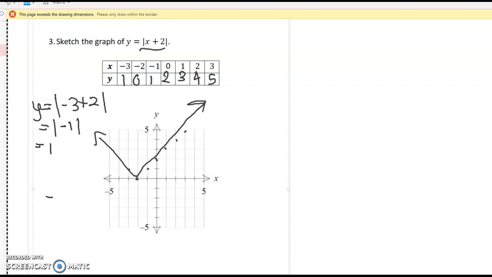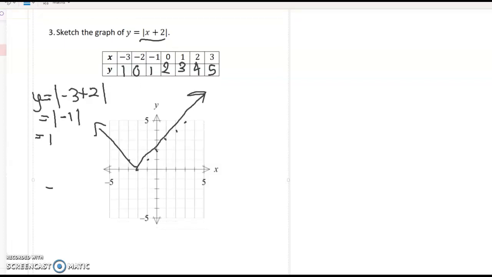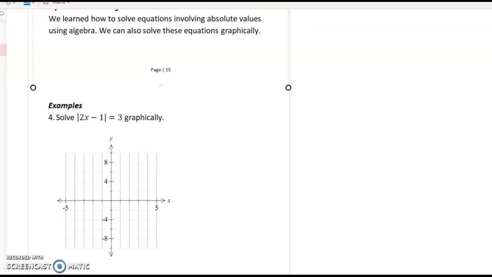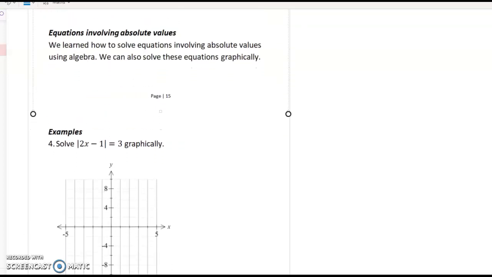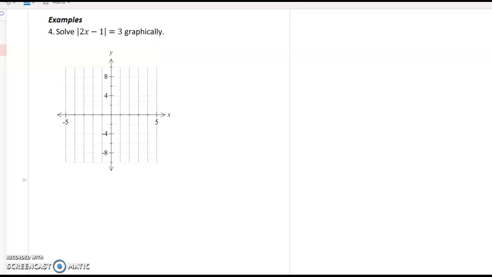Okay, last question, question 4. We're going to look at solving an absolute value equation, and we can do that graphically. So here's our example: solve the absolute value of 2x minus 1 equals 3 graphically.